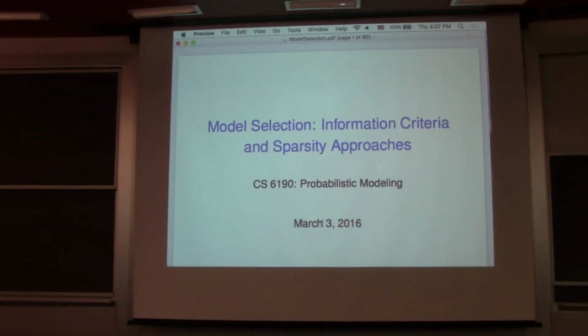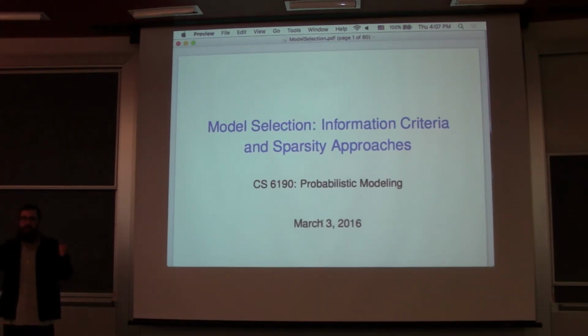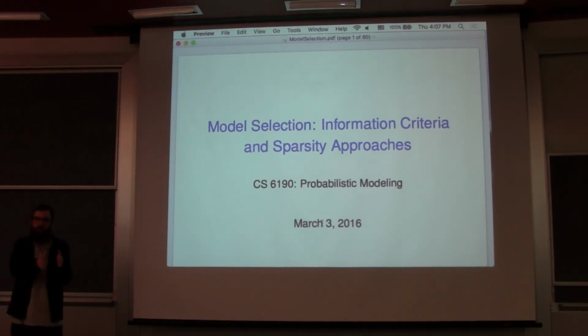So we're going to talk more about model selection today. What we see with the evidence function is that if I have a bunch of different types of models, I can compute the evidence and pick the one with max evidence. And I mentioned last time, this works nicely for polynomials because we can do this in a nested fashion. I can start with a zeroth order model, just a mean.